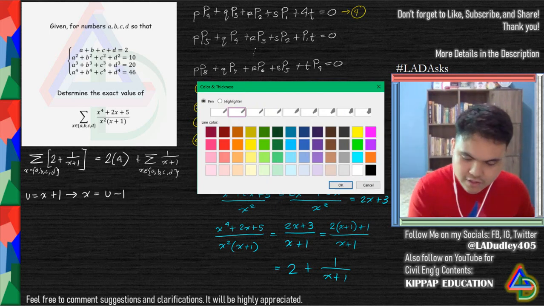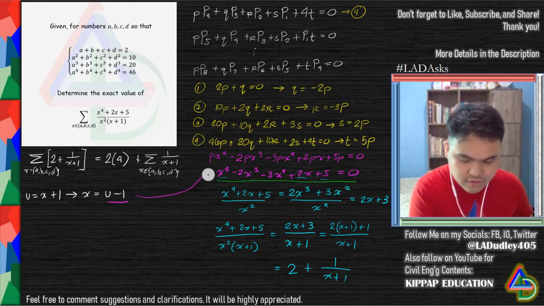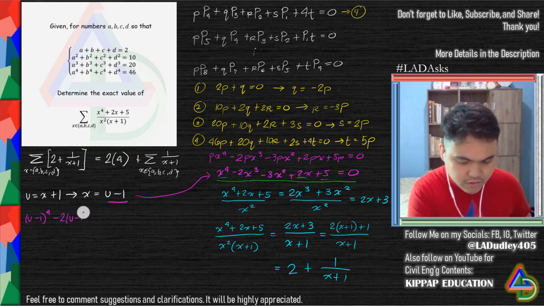And now, eto ngayon, sa substitute natin dito. So we have (u minus 1) to the fourth minus 2 times (u minus 1) cubed minus 3 times (u minus 1) squared plus 2 times (u minus 1) plus 5 is equal to 0.